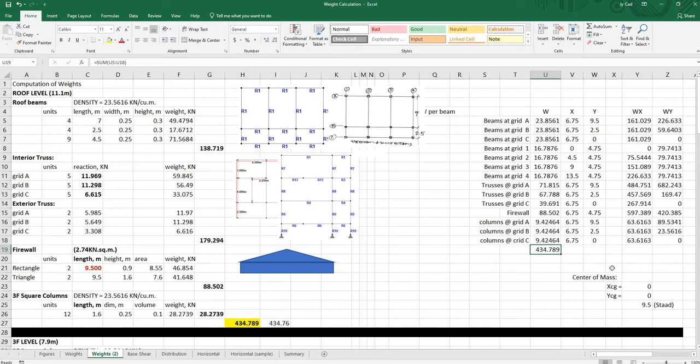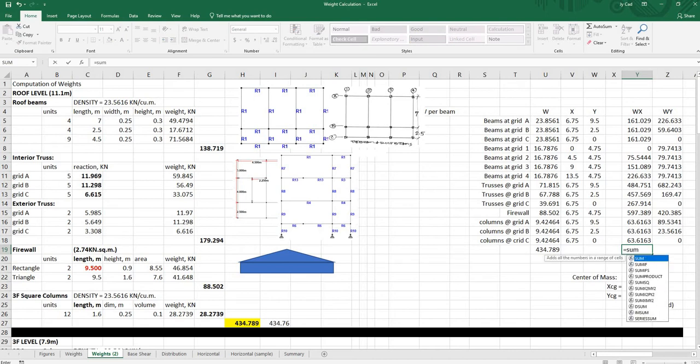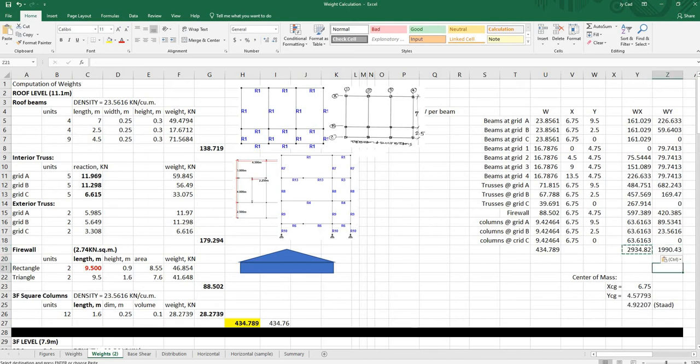So, let's compute the x-coordinate of the center of mass. To do that, you have to total the W sub x. So, sum of this. Ganon din sa sum ng W sub y.